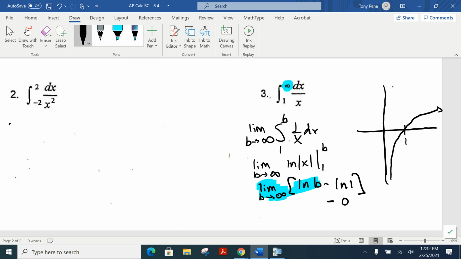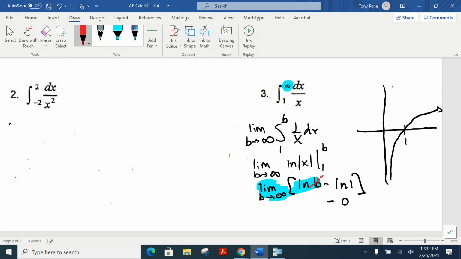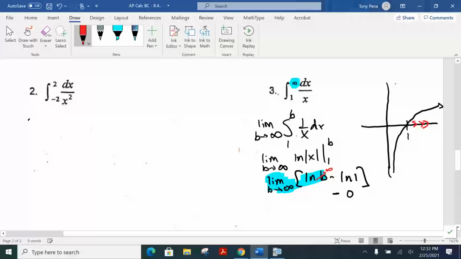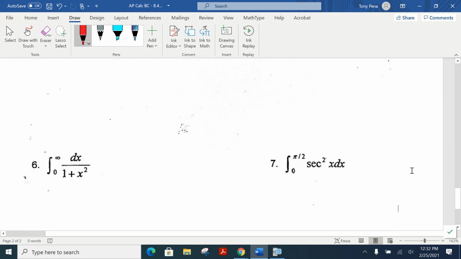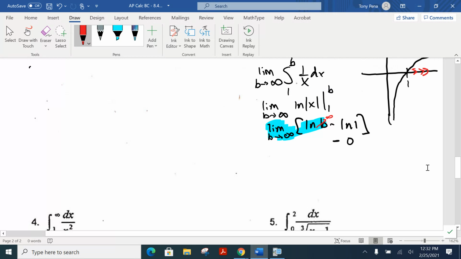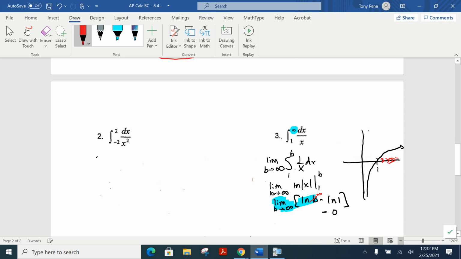So what this question is now asking, as your b behaves more and more like infinity, so as my b gets larger and larger, as I go further and further to the right on the x-axis, that's what b going to infinity means.